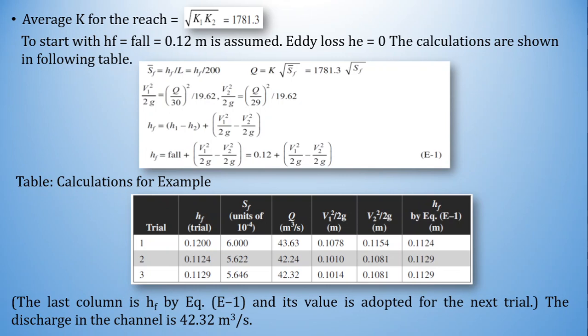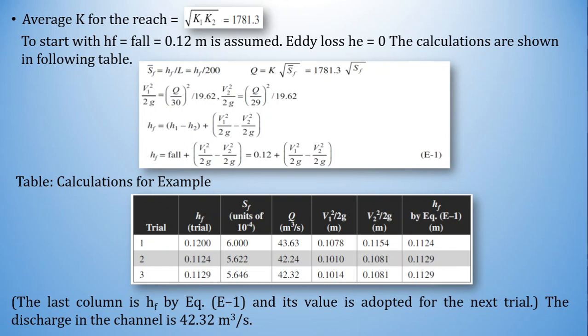V1 square upon 2G is equal to (Q upon 30) whole square divided by 19.62. V2 square upon 2G is equal to (Q upon 29) whole square divided by 19.62. Therefore, HF is equal to (H1 minus H2) plus (V1 square by 2G minus V2 square by 2G).